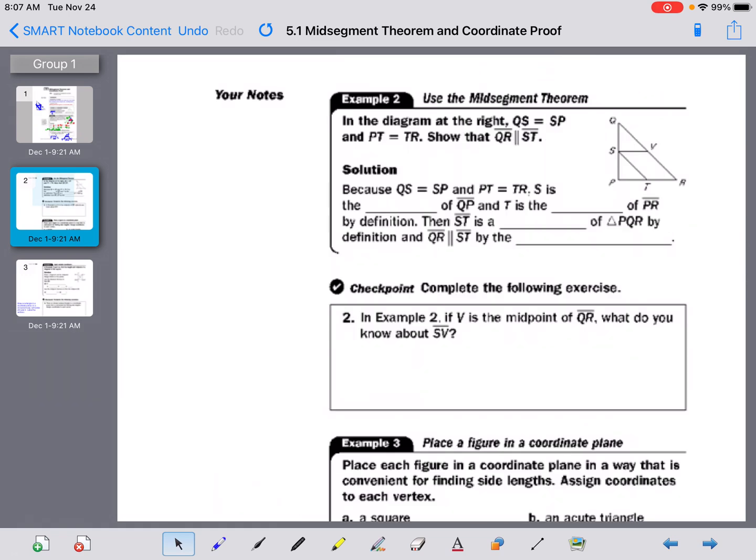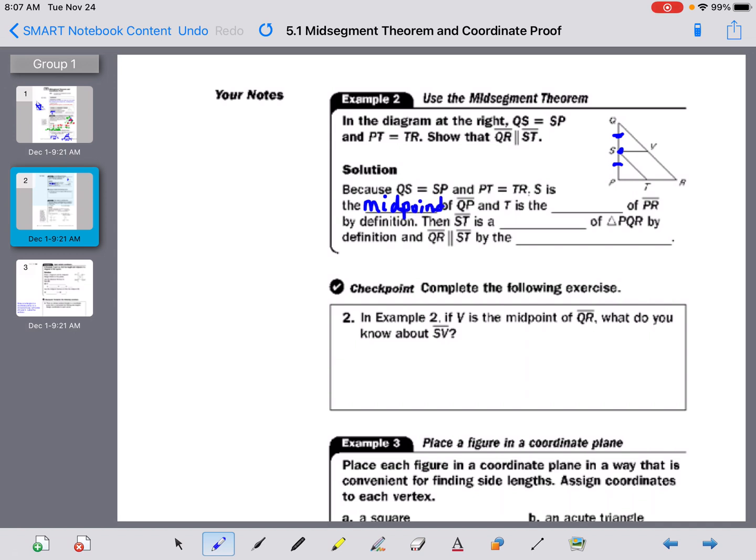All right, we have a picture over here. It says in the diagram at the right, QS equals SP. I mark that. What does that make point S then, if both sides are equal? I would say I'd make it a midpoint, right? So S is the midpoint.